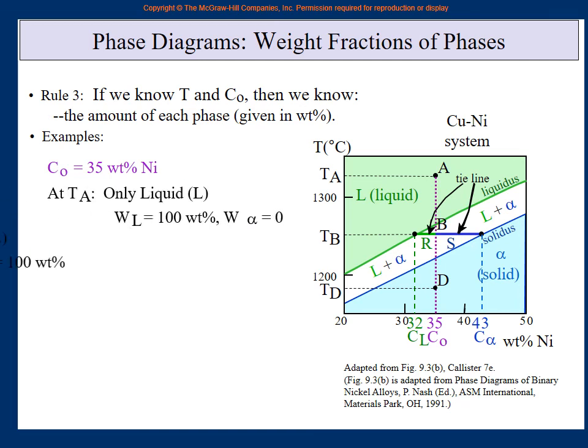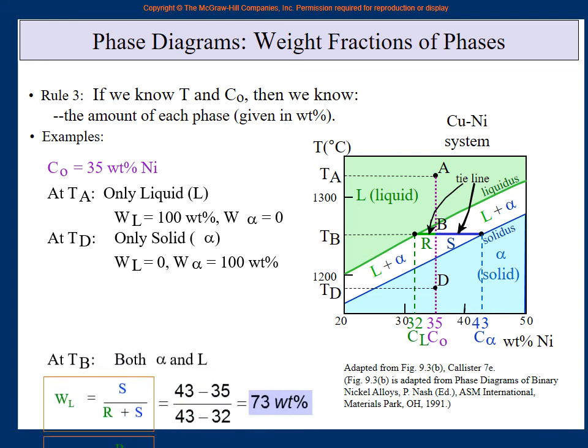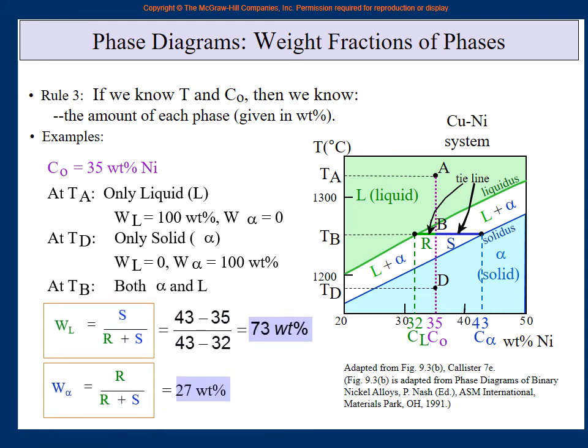So we are just repeating everything that we did earlier, but for the mass fraction, right? Now for the mass fraction, if you want the mass fraction of the liquid phase, go to the opposite side of the tie line, find the length of this side, which is solid minus original. So this is 43 minus 35. And the total length is of course 43 minus 32.